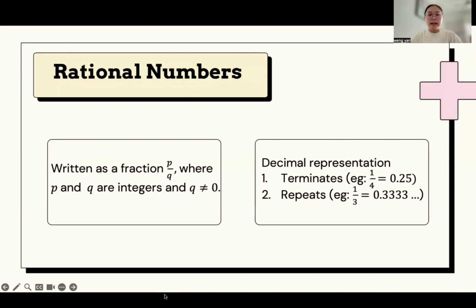In this case, it ends at 5. Another example is 1/3, which can be expressed as 0.3 repeating. Irrational numbers, however, do not fit this mold. Their decimal expansions neither terminate nor repeat. You can keep calculating more digits, but you will never find a finite endpoint or a recurring sequence.